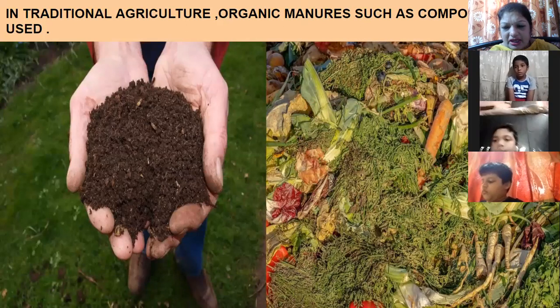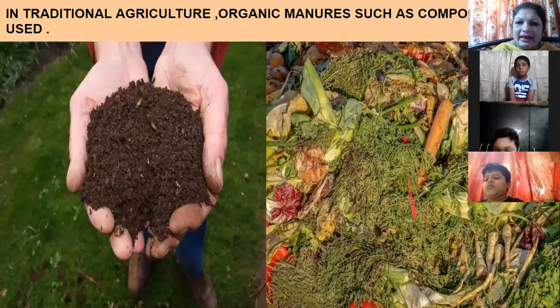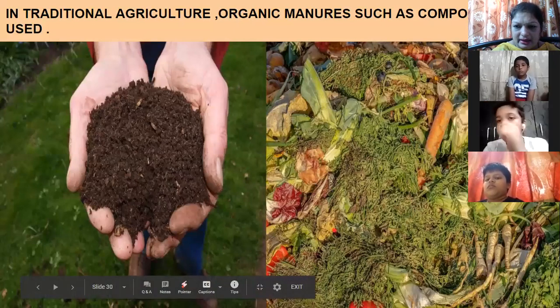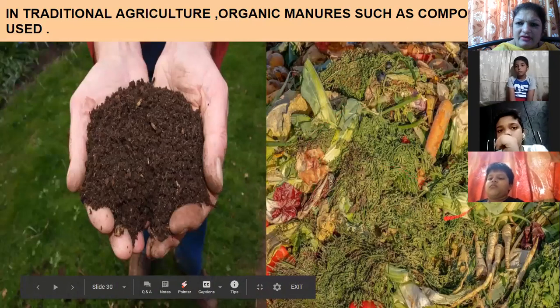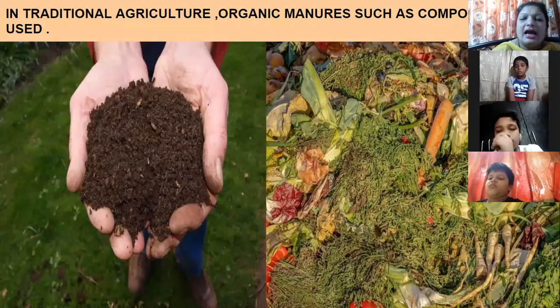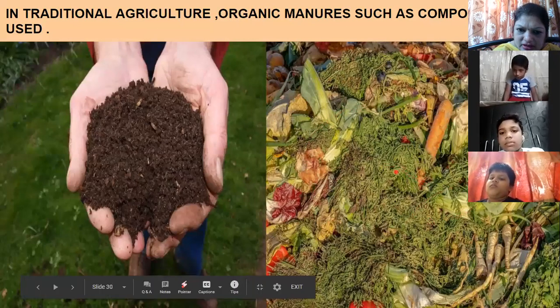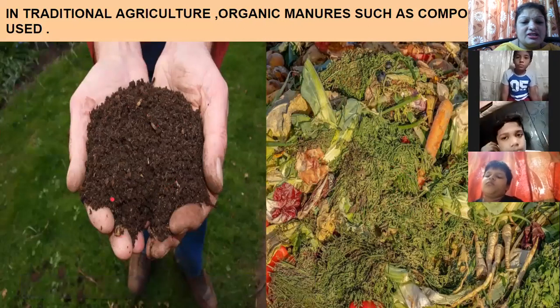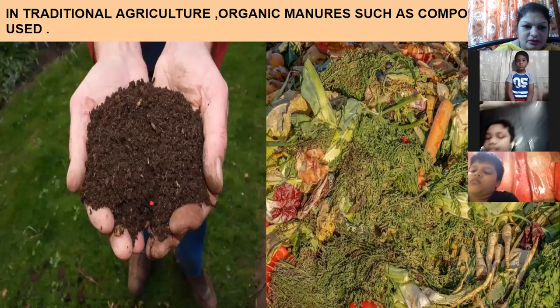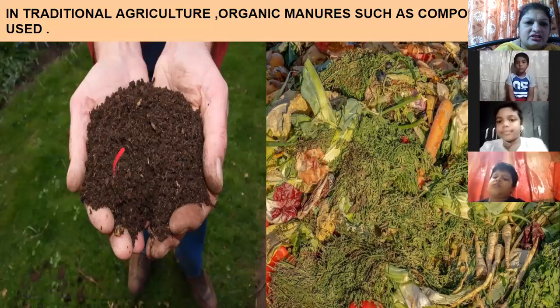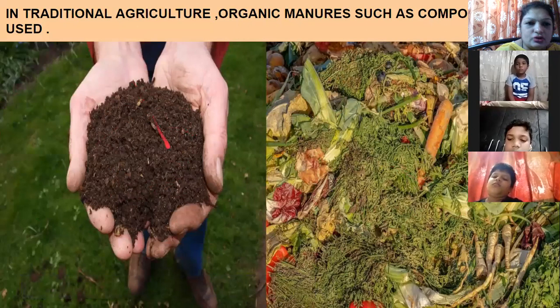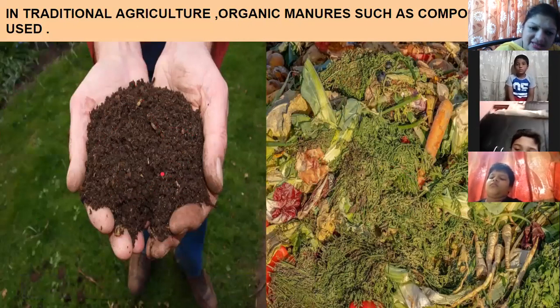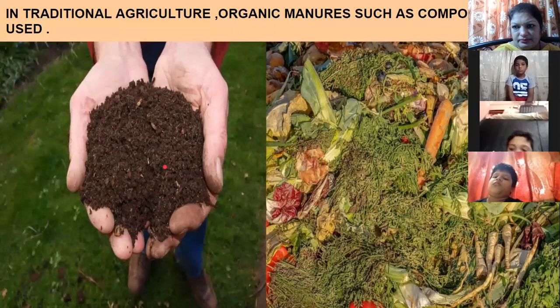So these flowers which are already offered, they collect them, and then a compost pit is made, and in that compost pit, everything is dumped, okay? And after a few days, with all the processes, you will get this type of soil, which is rich in nutrition. You can see here the soil which is rich in nutrition. This is known as compost. This is being given to the crops.